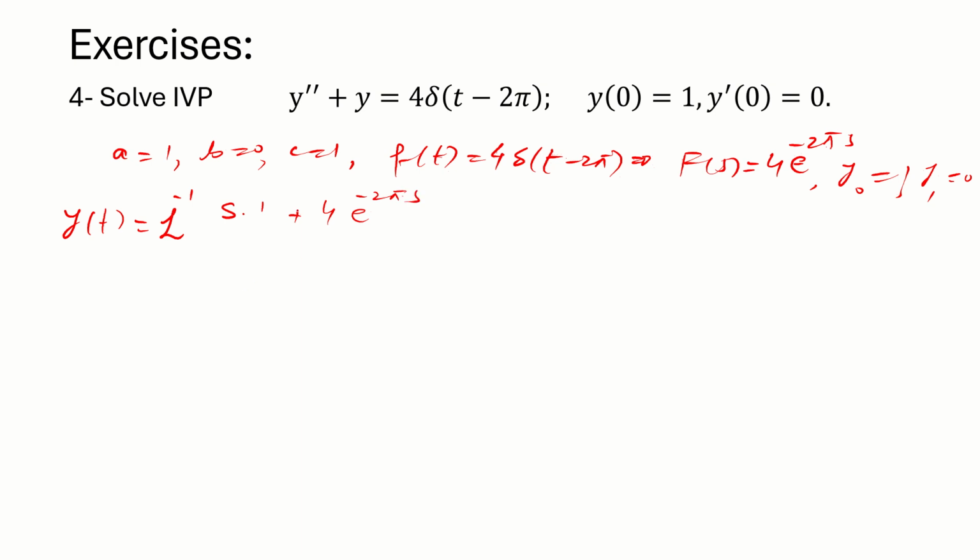Plus y1 as well, but it is 0, so that is gone as well. Divided by the characteristic equation in terms of s, so it is s squared plus 1.